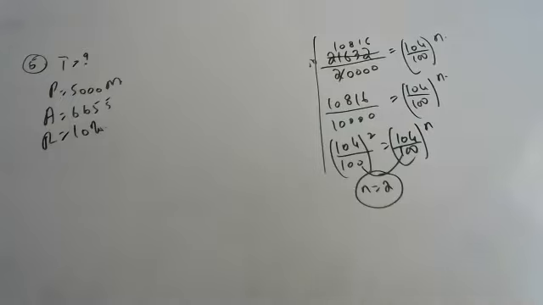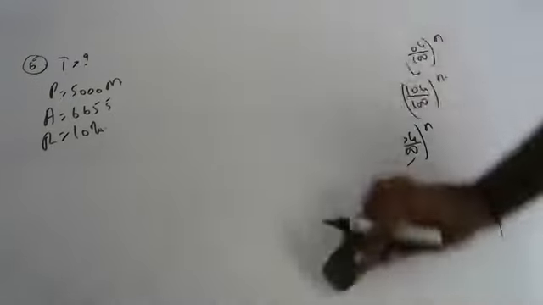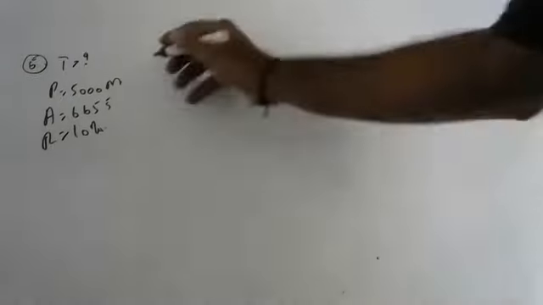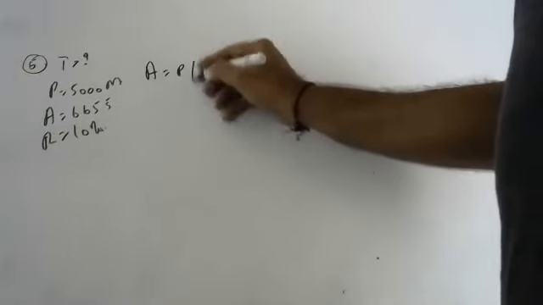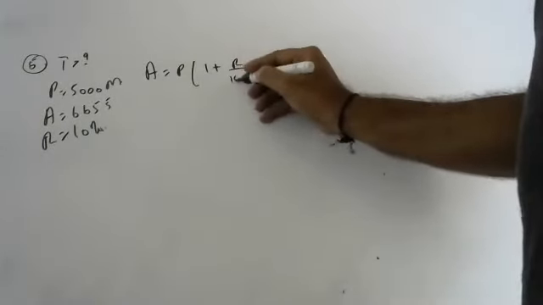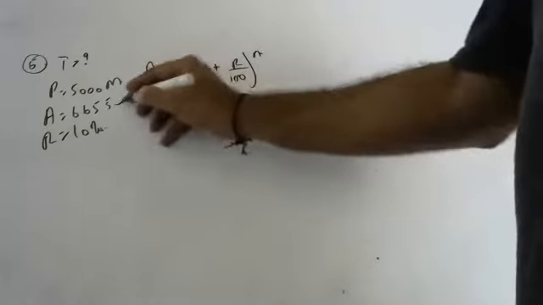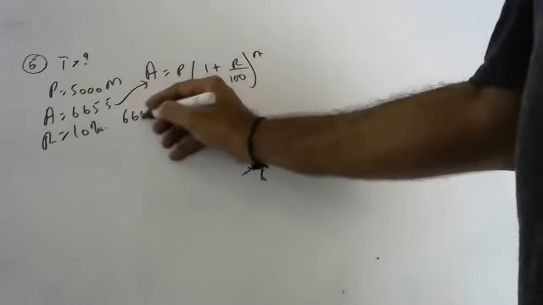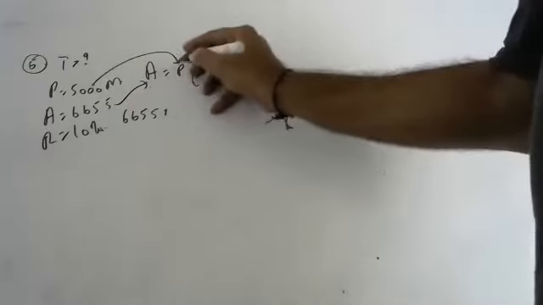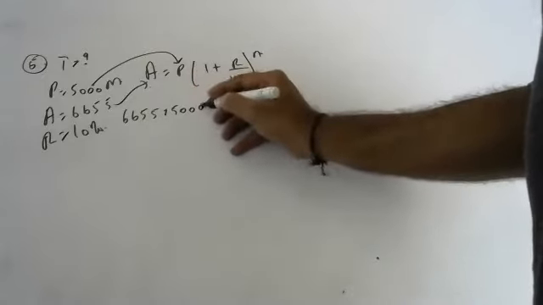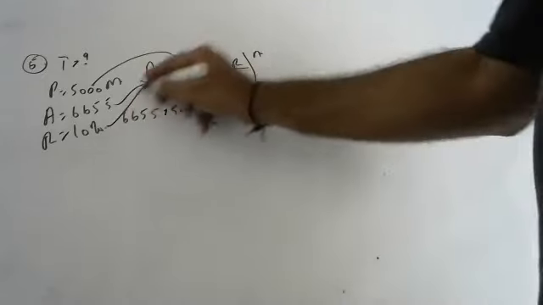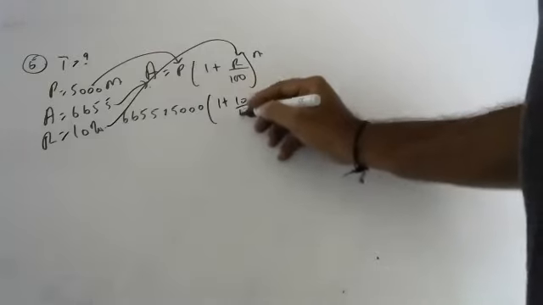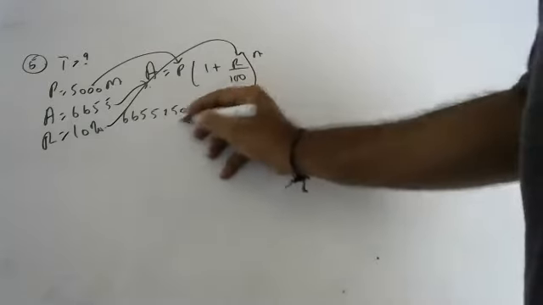Okay, can you tell how to do this? Amount formula is equal to principal into 1 plus r by 100 to the power of n. 6655 is 1 plus 10 by 100 into n.